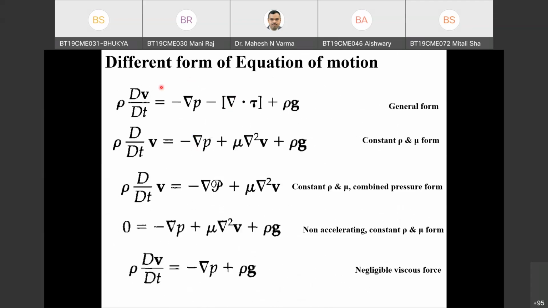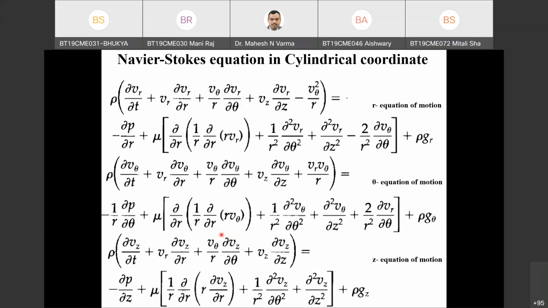Similarly, using this equation also you can get back 9 equations. So you need to remember only this one slide: the definition of del and its operation for the cylindrical, spherical, and Cartesian coordinate systems, and these are the Navier-Stokes equations.